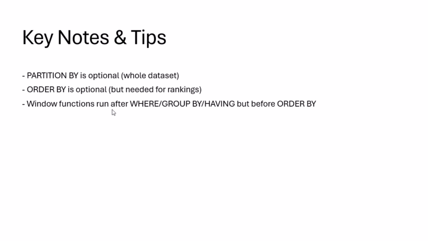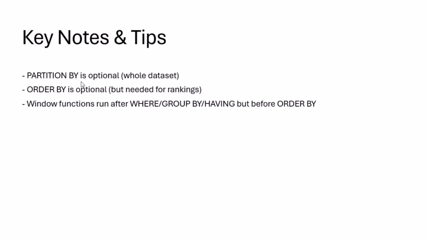Then window functions run after where, group by, having, but before order by. Yes, so window functions run before order by, but after all of this. So if you're going to have any of this in your query, your window functions will come after them, because these ones run on the whole data set.